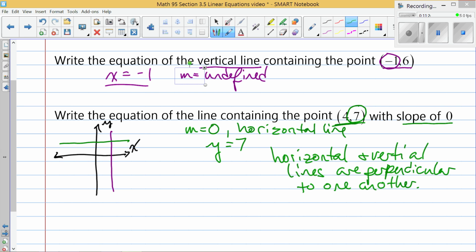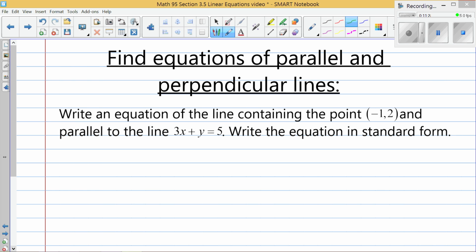Okay, speaking of parallel and perpendicular, let's see what that looks like. If I wanted to find the equation of a line containing this point parallel to this line, I want to also write the equation in standard form. So we first need to figure out what parallel means.